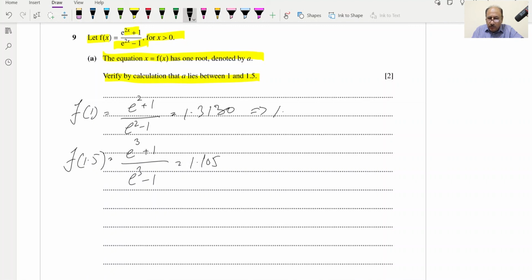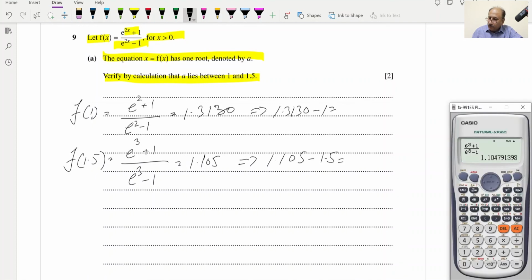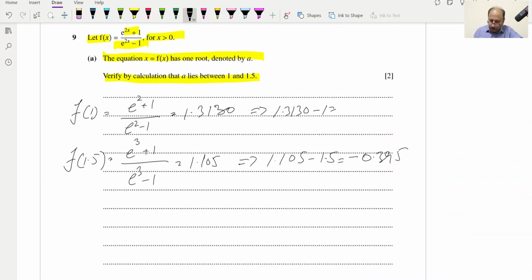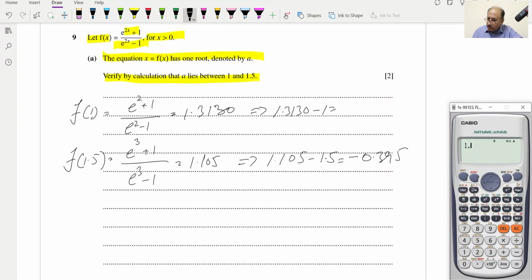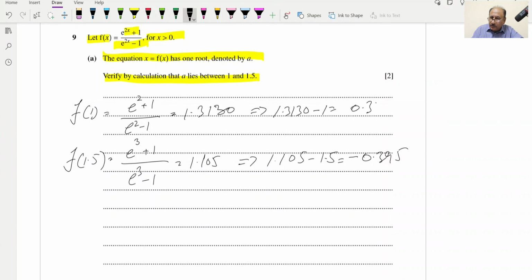We can subtract 1.5 from this one: 1.105 minus 1.5 gives us minus 0.395. And for the upper value, we can check 1.3130 minus 1, which is 0.313.